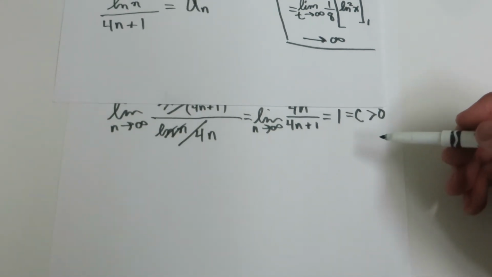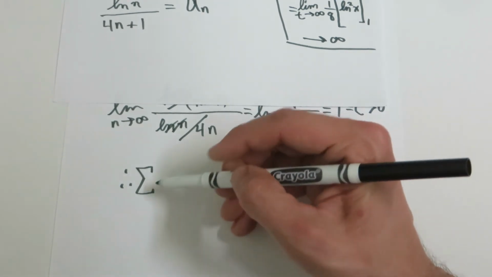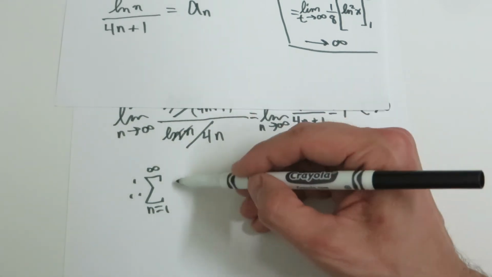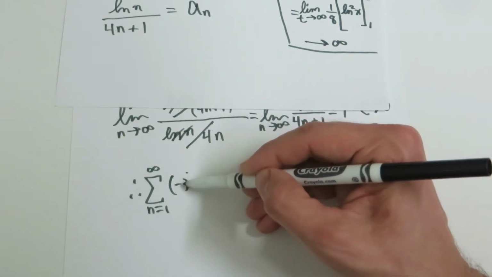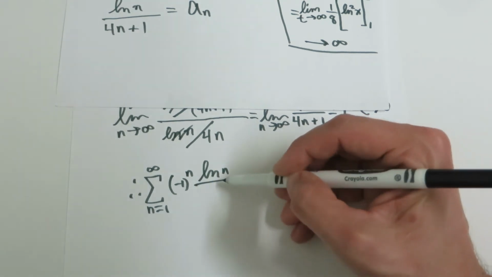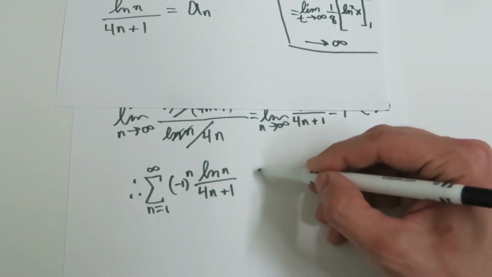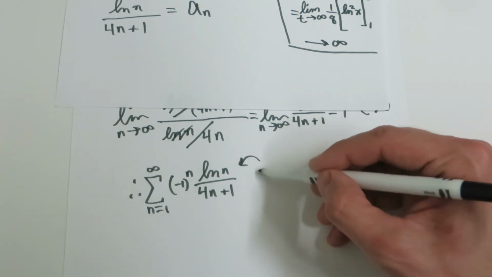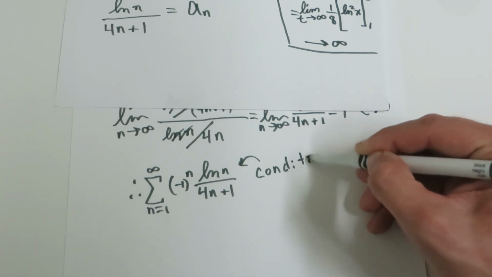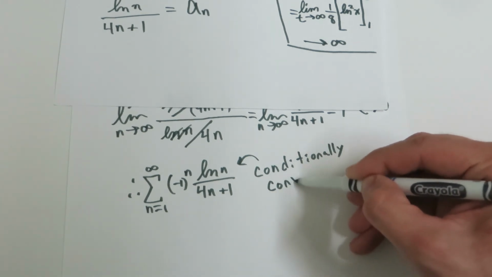So therefore we can conclude that the series from n equals 1 of negative 1 to the n of ln of n over 4n plus 1 is conditionally convergent. This is only conditionally convergent.